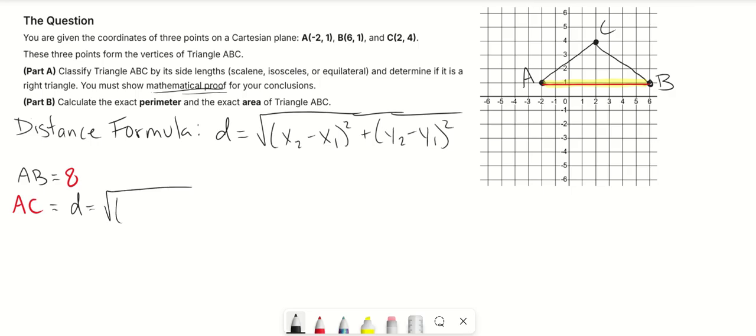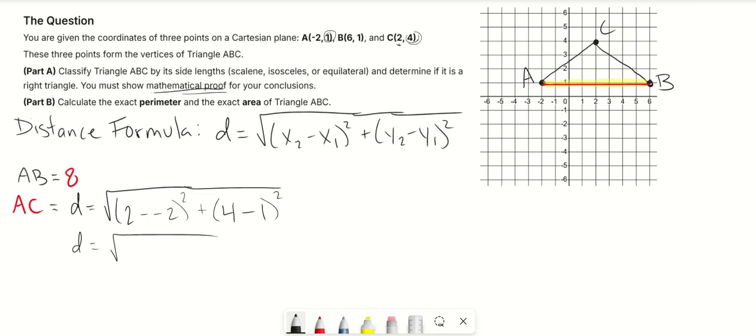All right, so x2, we're going to call the x-coordinate of C, so that's going to be 2, minus the x-coordinate of A, -2, squared, plus y2, which we're going to call the y-coordinate of C, minus y1, which is the y-coordinate of A. When we simplify what we have here, I see 2 minus -2, and if I remember, when I subtract a negative, that's like adding a positive.